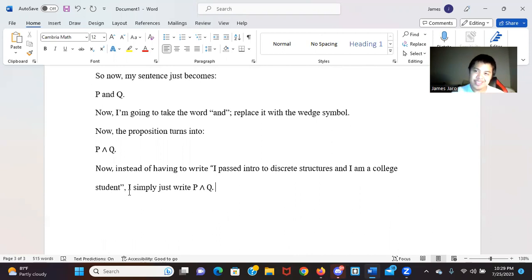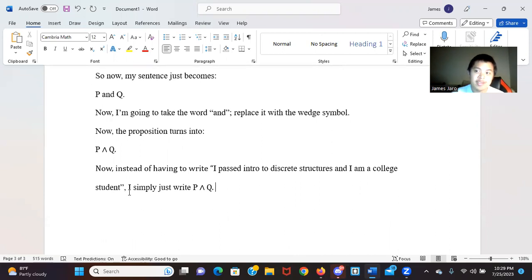Unfortunately, I did run out of time because I try to keep these into smaller tidbits. But this is the core understanding of what propositions and connectors are about.